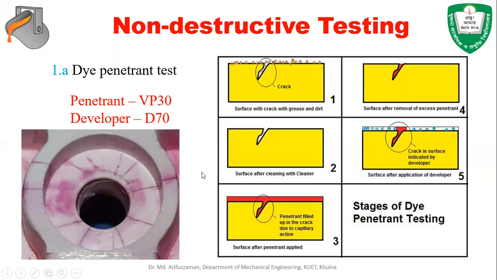This is a bit complicated here. It's not like a litmus paper test. The paper color has changed, but here what happened is that using the developer, you bring out the penetrant on the surface, and then the surface has changed, right?